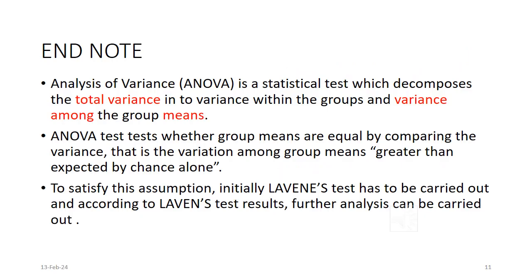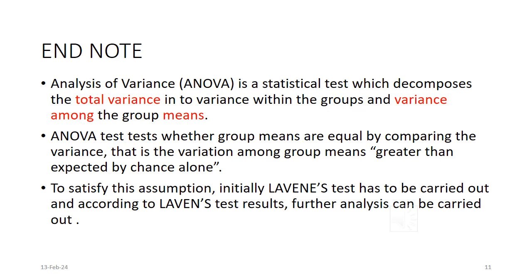End note. This is very important. Analysis of variance is a statistical test which decomposes the total variance into variance within the groups and variance among the groups. That comparison will be done by using the F ratio test. Analysis of variance tests whether group means are equal by comparing whether the variation among the group means is greater than expected by chance alone.